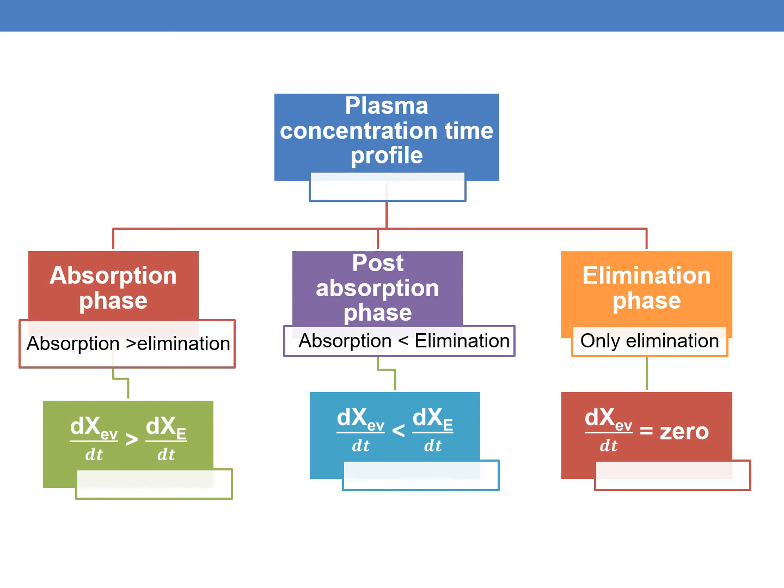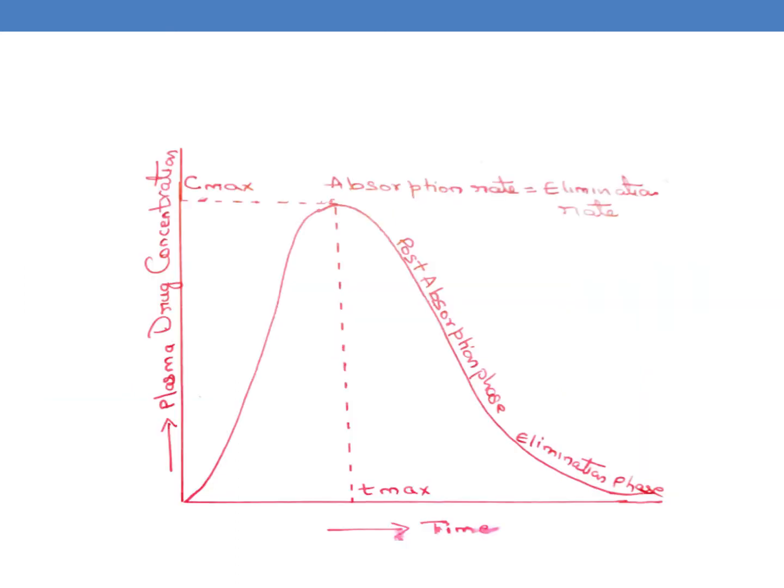After EV administration, this is the overall graph. This is plasma concentration versus time, and this first phase is the absorption phase, where the rate of absorption is greater than the rate of elimination.